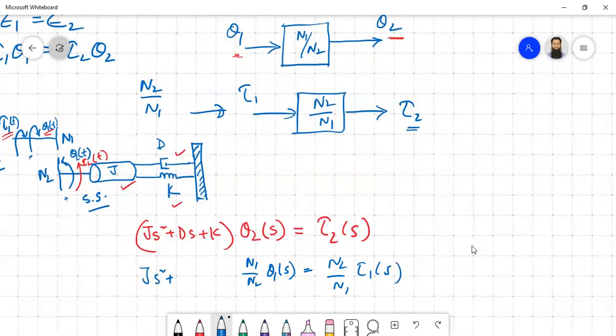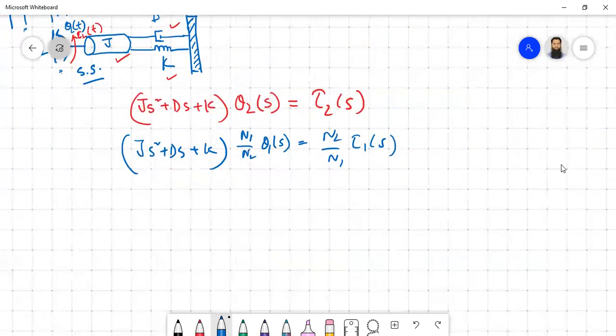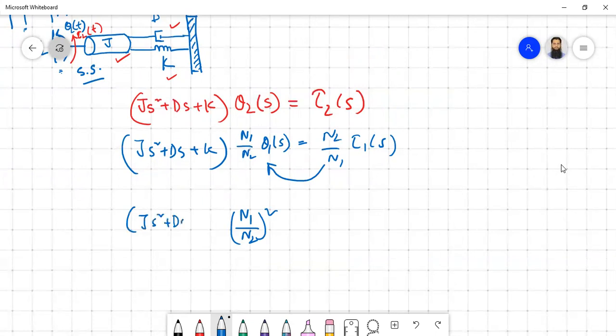So Js square plus Ds plus K. Now you can take all the teeth ratios to the same side. What it becomes is n1 by n2 whole squared, times Js square plus Ds plus K, times theta 1(s), equal to tau 1(s).